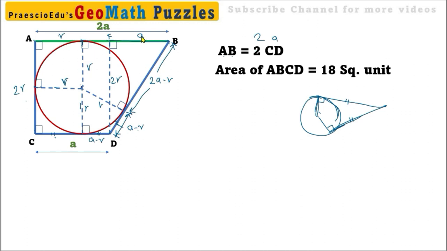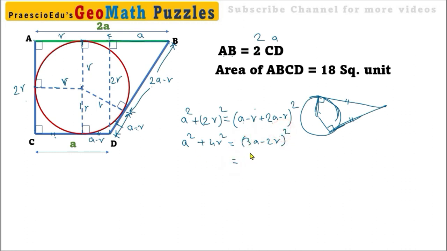So a squared plus 2R squared, because this side equals a minus R plus 2a minus R, bracket squared. So a squared plus 4R squared is equal to, this comes to, 3a minus 2R, bracket squared.